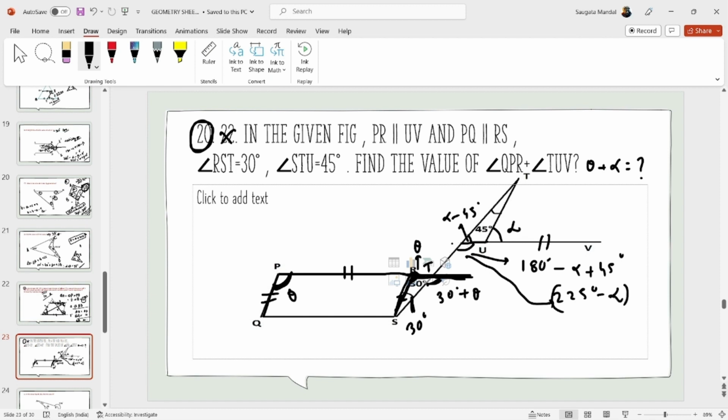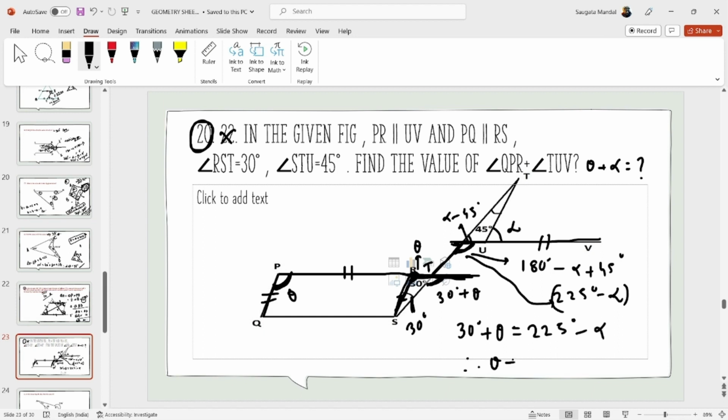Please see the figure. This line and these lines are parallel to each other. This is a transversal line. So these angles and these angles are corresponding angles, so they are equal to each other. So 30 degrees plus theta is equal to 225 degrees minus alpha.